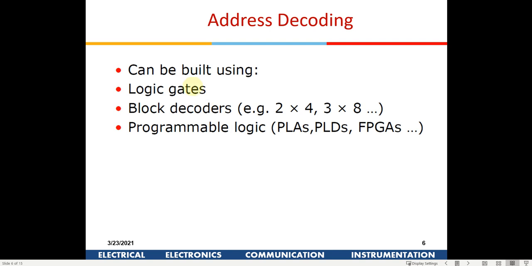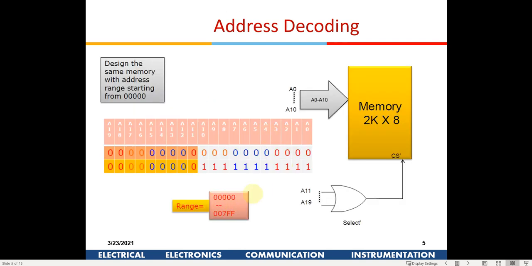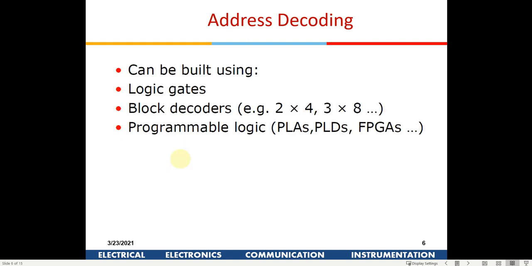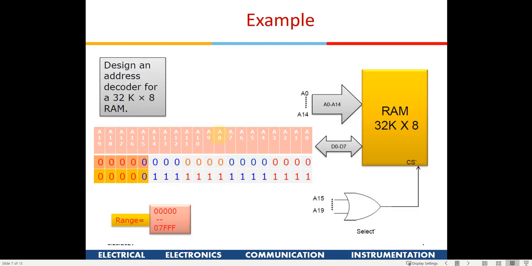This is only implementing a logic circuit, right? We learnt in our digital class how to implement these logic circuits with gates or with decoders. We did implementing a function with decoders also, and with PLAs also. Whatever we learned, we are going to use that now here. This is another example of doing it with gates.